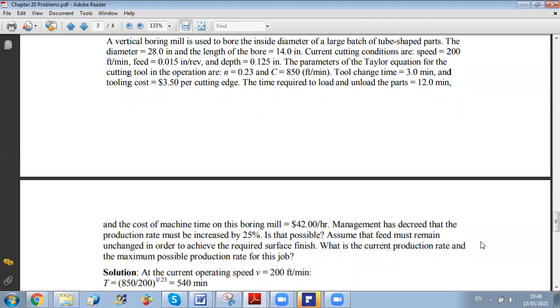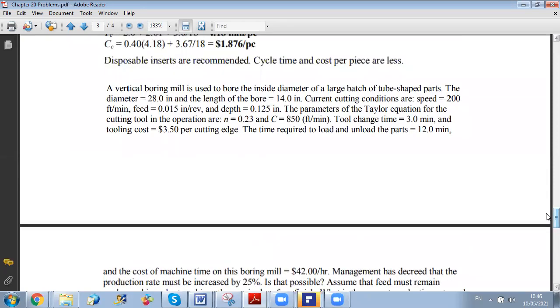So what we want to find here is whether it's possible to increase production by 25%. In order to do so, first we should compute the actual production rate and see what the maximum production rate is. Then we can see by how much this maximum is higher than the actual rate.